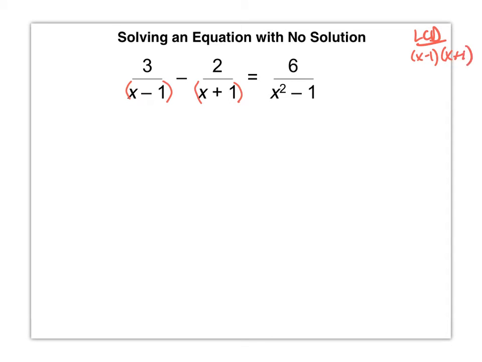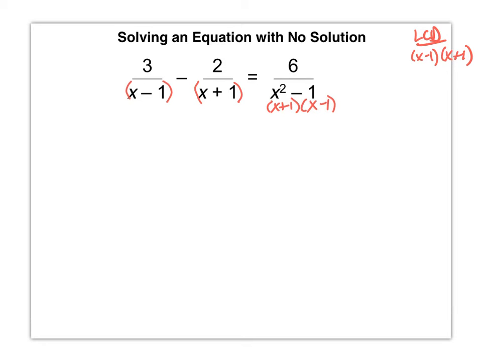And on the right side of the equation, the denominator can be factored into x plus 1 and x minus 1. And since those two factors already appear in our LCD, we don't need to add them again.